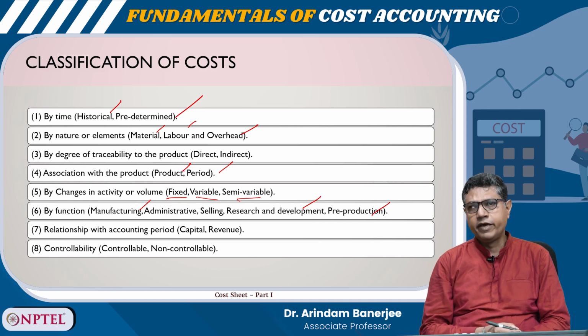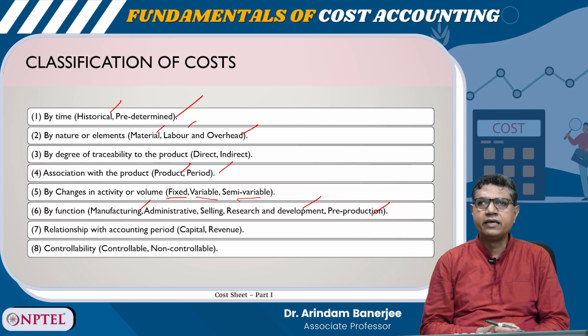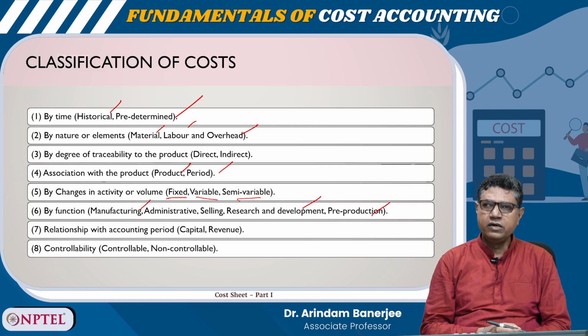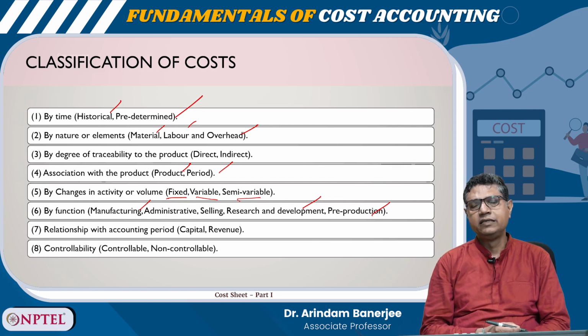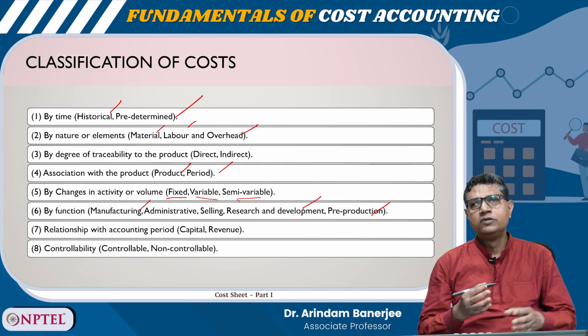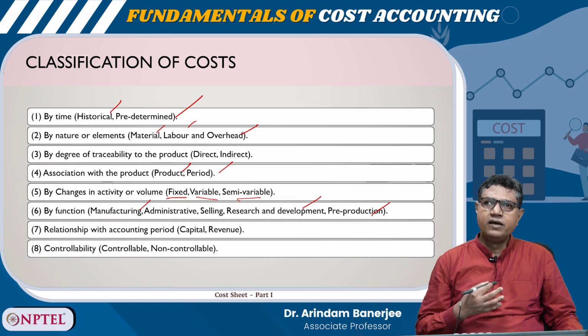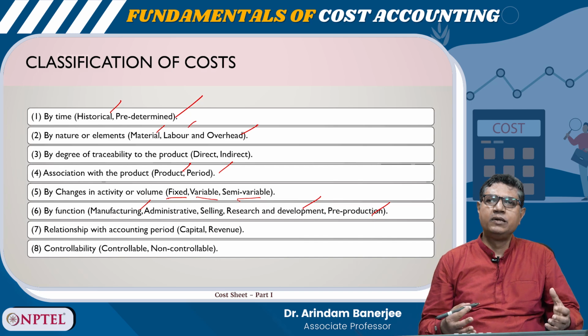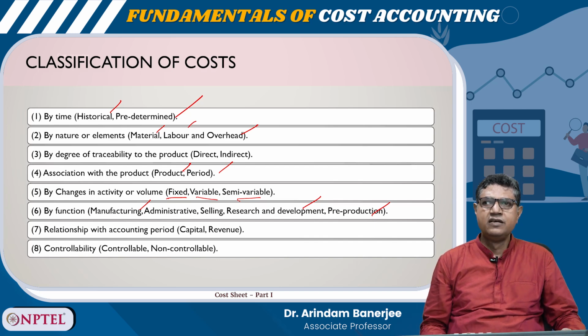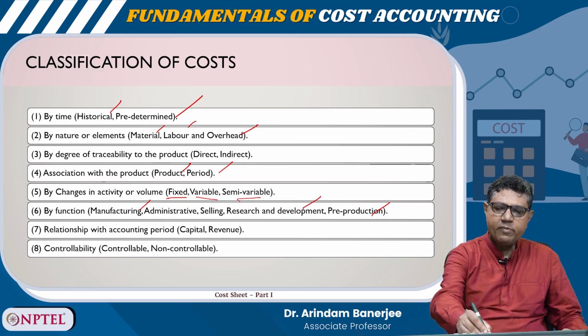Then another way of classifying the cost is in relationship with the accounting period, like it can be of capital nature or revenue nature. If the cost which I incurred is linked to multiple accounting periods, for example, a machine has been purchased which is supposed to exist in workable condition for the next 5 years, I can say that is a capital cost.